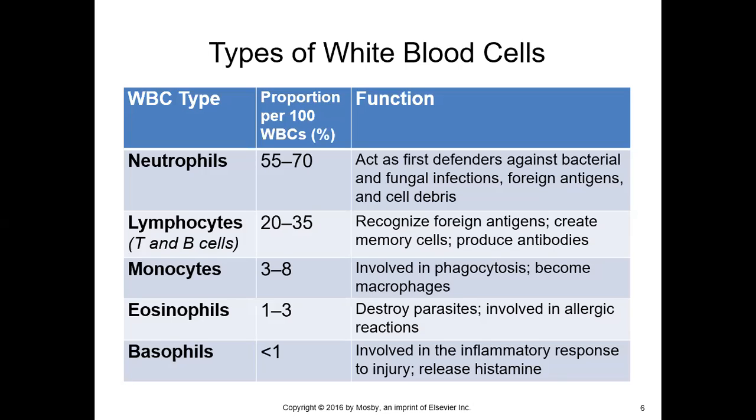Lymphocytes, they are used to build an immune reaction. So they recognize a foreign invader, they form a memory of something that's a foreign invader, and they produce antibodies. And we're going to talk much, much more about lymphocytes coming up.